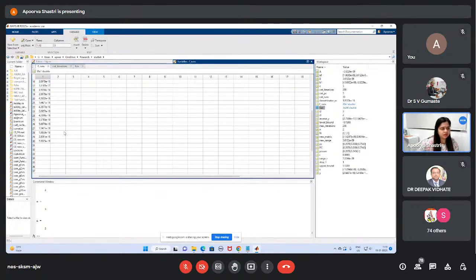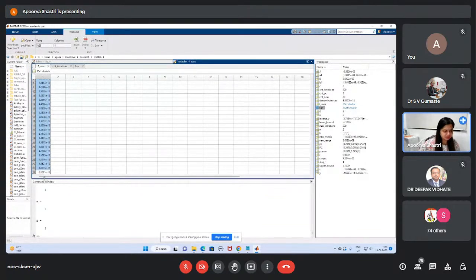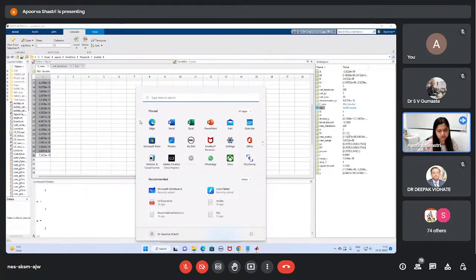Okay. Now you can see here, these are the values for 30 runs. Take the values and put them in Excel.